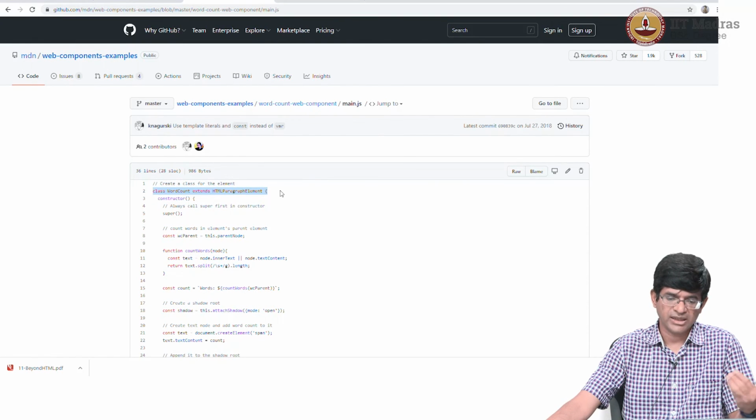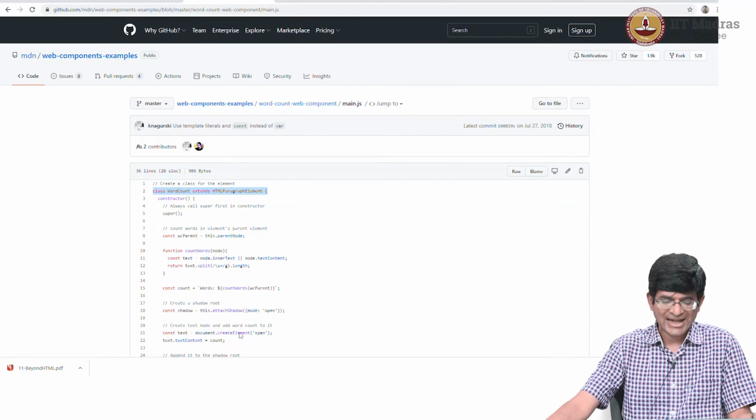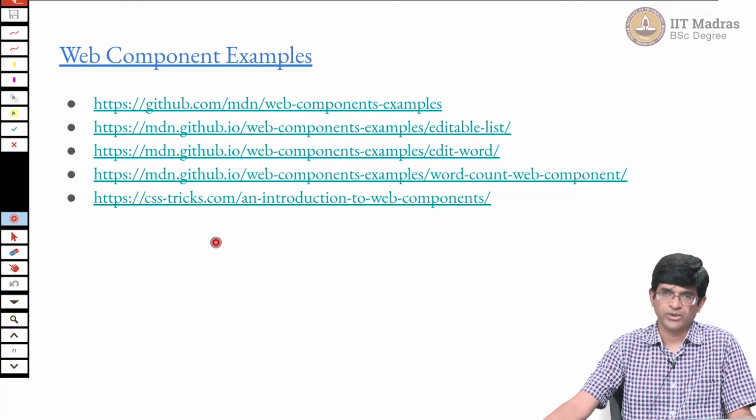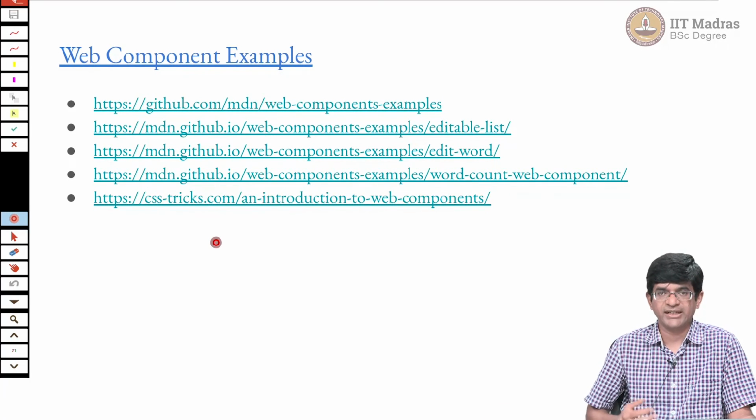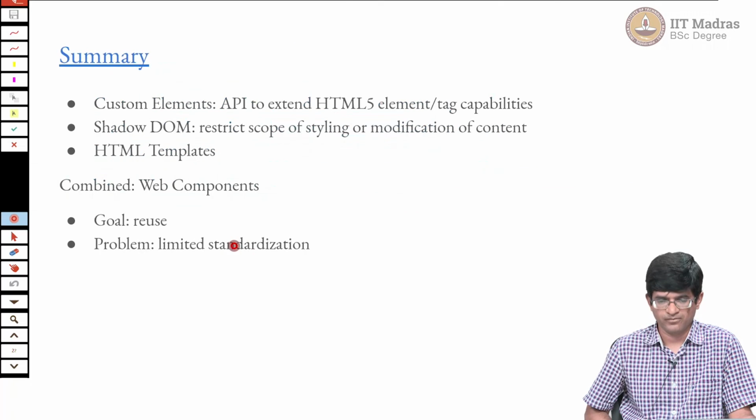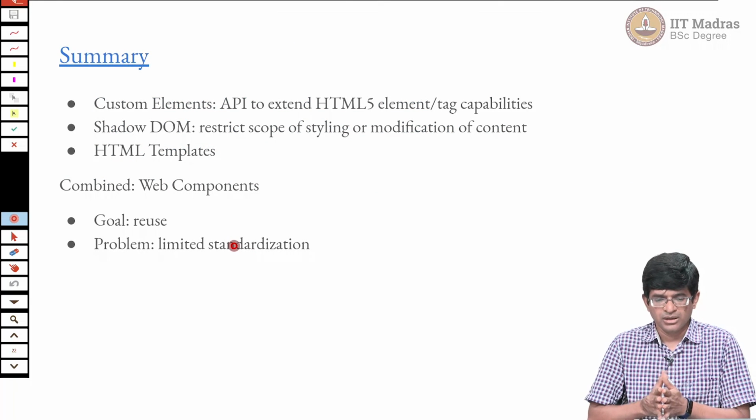Somebody could have installed it on GitHub or some other place, and I could have just referenced it from there and it would work, okay, which means it becomes reusable. And that is sort of the key behind web components, okay, the fact that you are creating reusable user interface components.